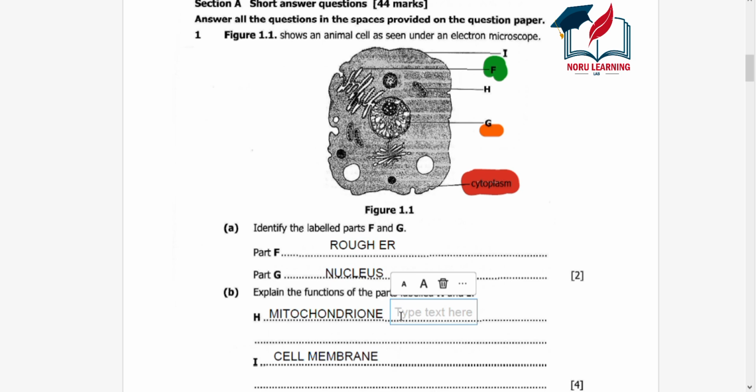Now what is the function? The function is that it generates energy in the form of ATP.